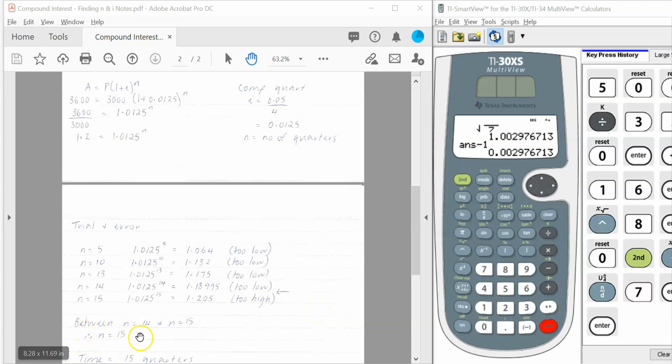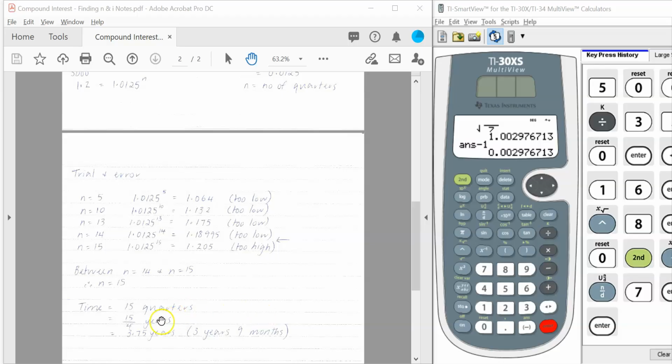So we are going to choose n equals 15 because that's when it's first going to go over the required amount. So I've said here that that means the time is 15 quarters because I've referred back up here where I defined n as the number of quarters, and we would usually give our answer in years if we're talking about the amount of time that it takes for a loan to exceed a certain balance.